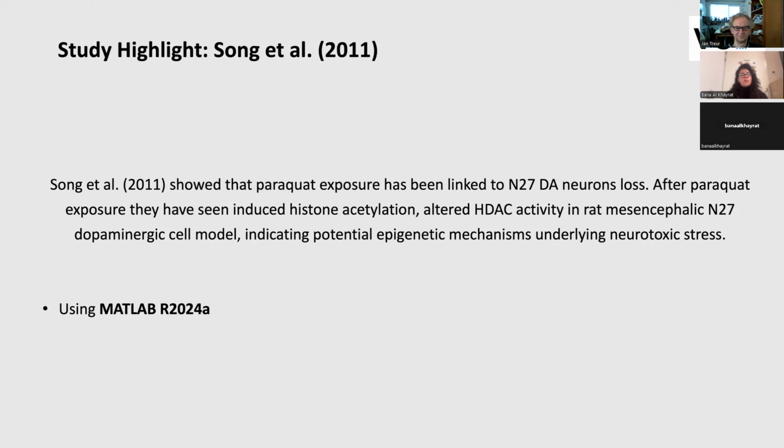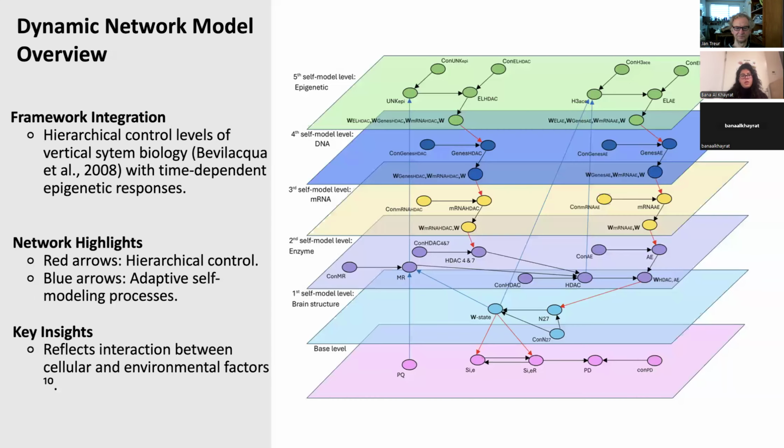And for modeling, we're using MATLAB. Yes, MATLAB 2024. So moving on to our model dynamic system.